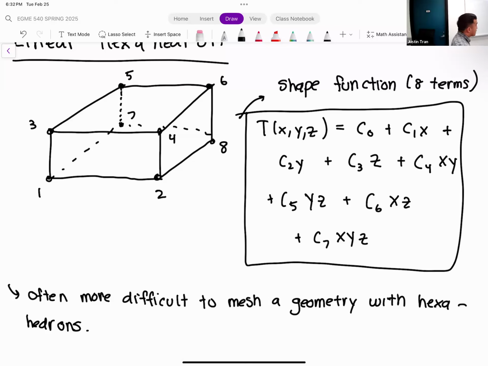A lot of times it's actually impossible to get a full mesh of all hexahedrons.